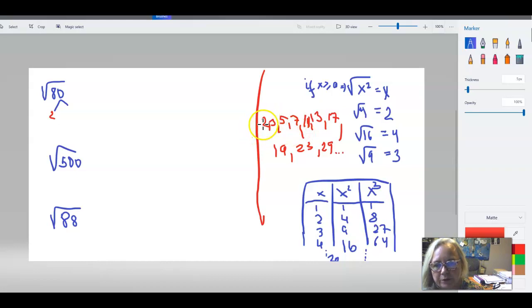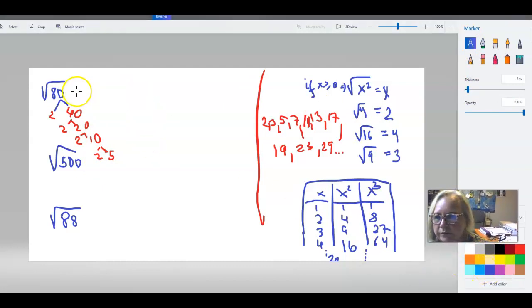The first prime number is 2. 2 goes into 80 40 times, continue prime factorization. 2 goes into 40 20 times, 2 goes into 20 10 times, 2 goes into 10 5 times. So instead of square root of 80, we have square root of 2 to the 4th times 5.